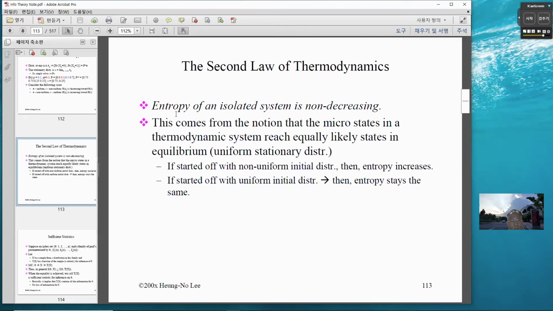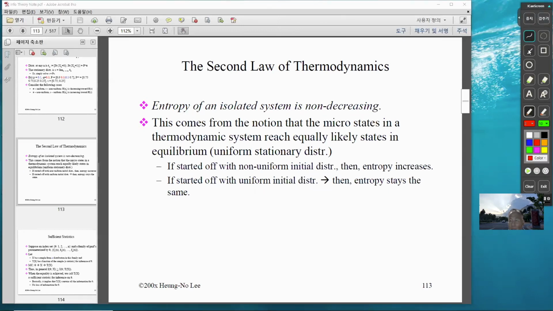So basically, entropy generally increases or stays. That's what it says. And one famous example regarding this is ink dropped inside a beaker.